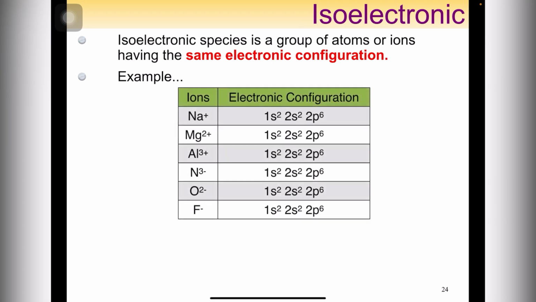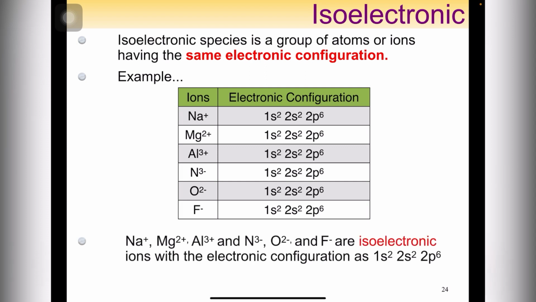For example, when these become ions, you see that the electronic configurations are the same. All the ions have 1s2 2s2 2p6. So we call these ions isoelectronic ions, because they have the same electronic configurations.